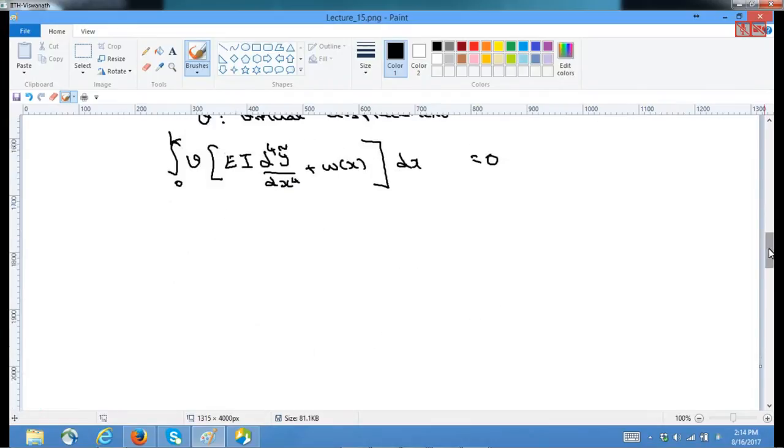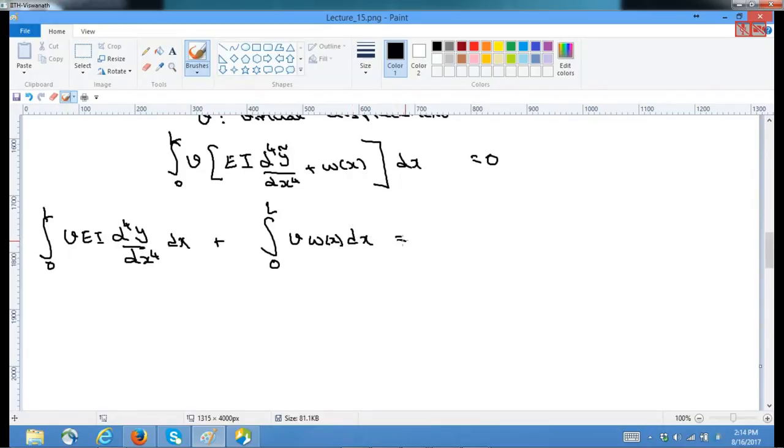So I will rewrite this as the first term, which is the integral from 0 to L of V EI d4 y tilde by dx4 dx, plus the integral from 0 to L of V of x into w of x dx is equal to 0.